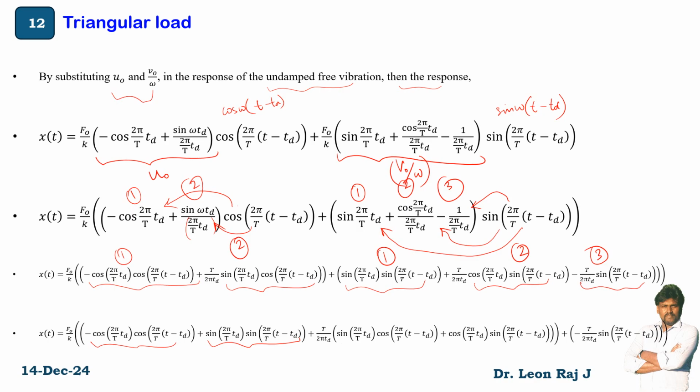So this whole term can be further simplified. Then another term, that is minus T by 2 pi td into sine into 2 pi t divided by T into t minus td. So using the cos a cos b, sin a sin b formula. This is a, this is b, and this is a, this is b.